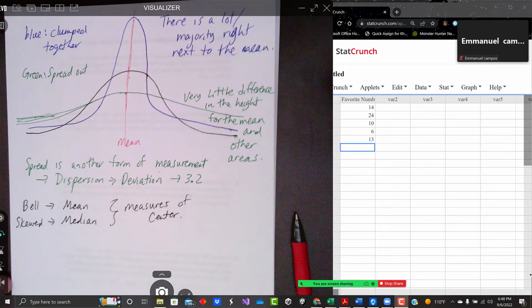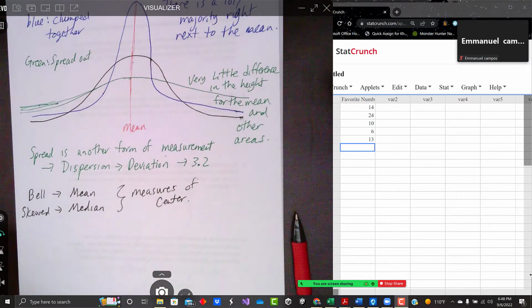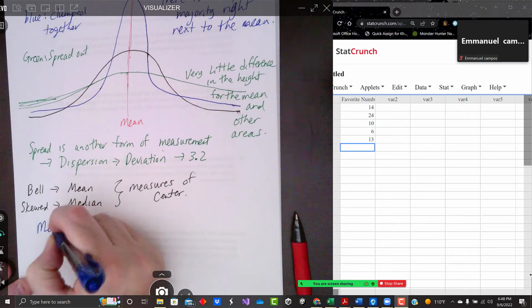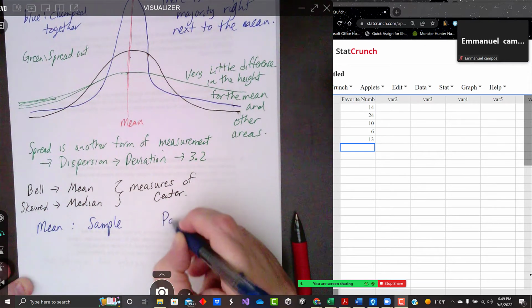Eventually, in the end, what we're going to do is called sampling groups, and what we're going to end up with is a majority of bell shapes. So we're going to focus on the mean. The mean comes with 2 letters. So we have different values or different characters for the mean for a sample and for a population.